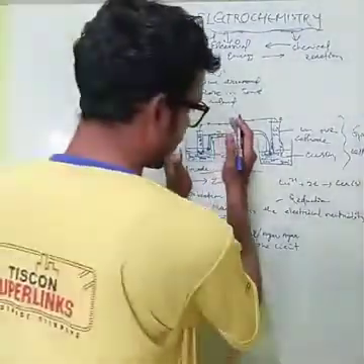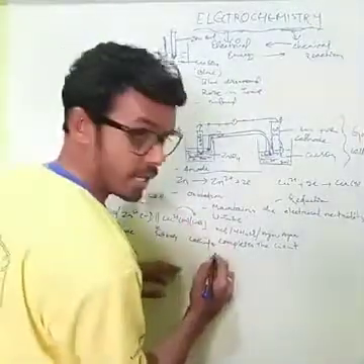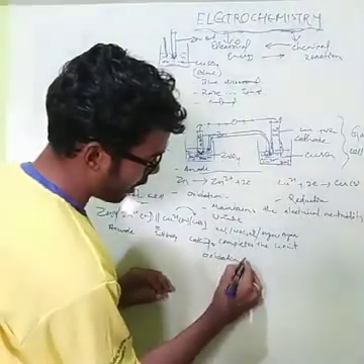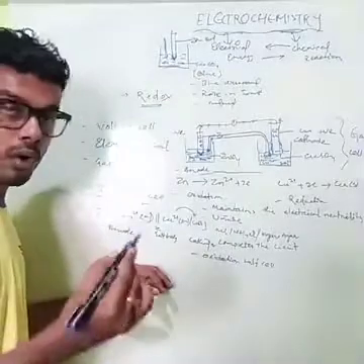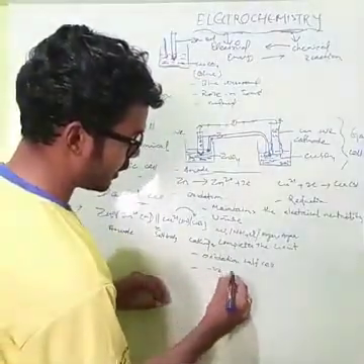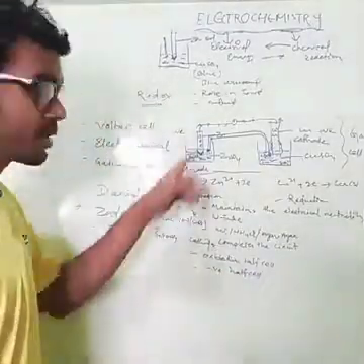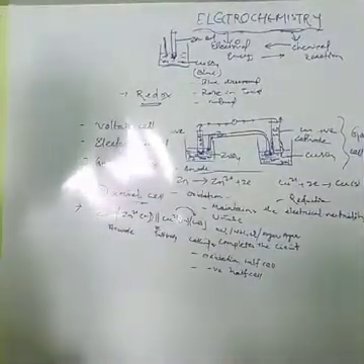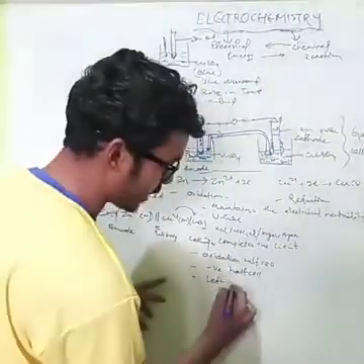So this anodic half cell is also known as the oxidation half cell, or you may also call this the negative half cell because of the charge, or the left half cell.